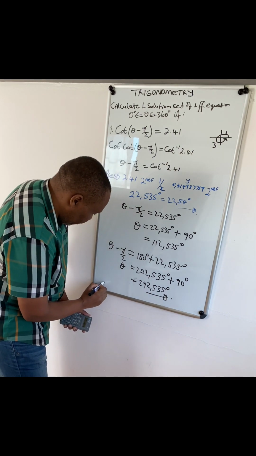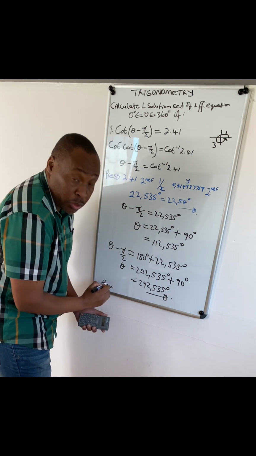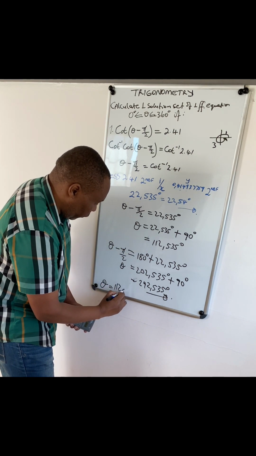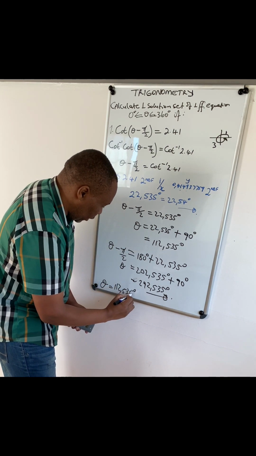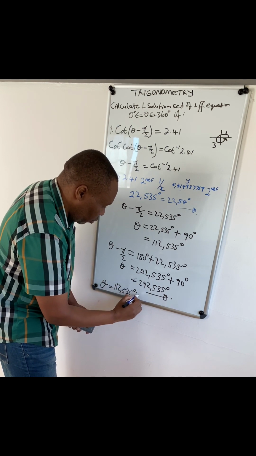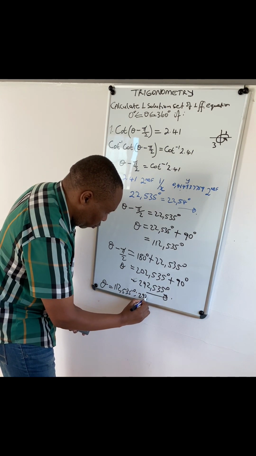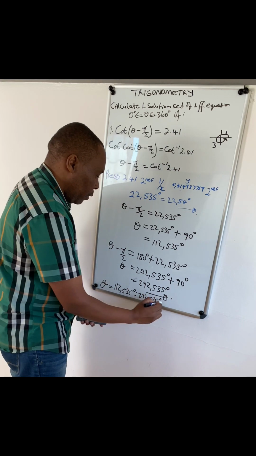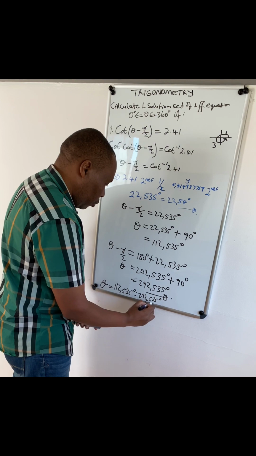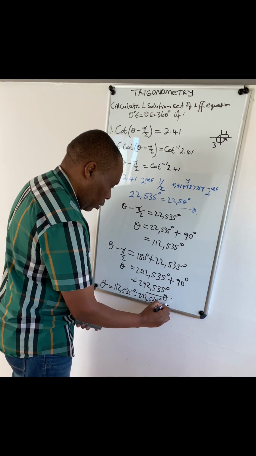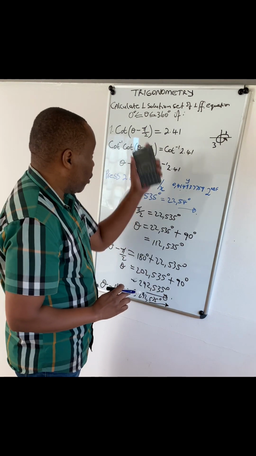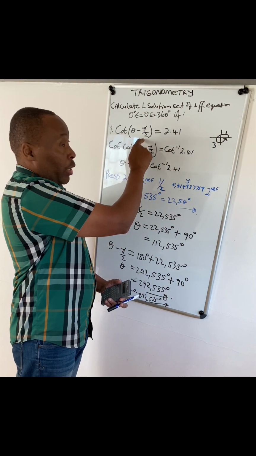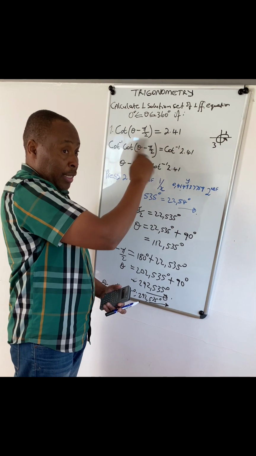Therefore, our theta is equal to 112.535 degrees and also 292.535 degrees. This is our solution for this sum. Always remember your radians and convert them to degrees.